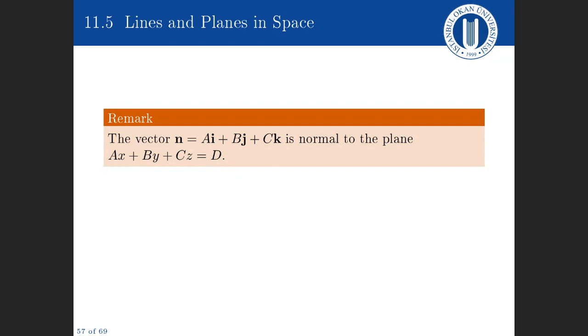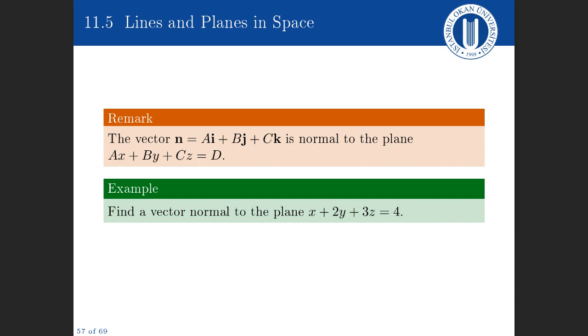If we're told a plane and we're asked to find the normal vectors, then we're just going to pick out the numbers. The number in front of the x, the number in front of the y, the number in front of the z. We'll use these to write down the normal vectors straight away.